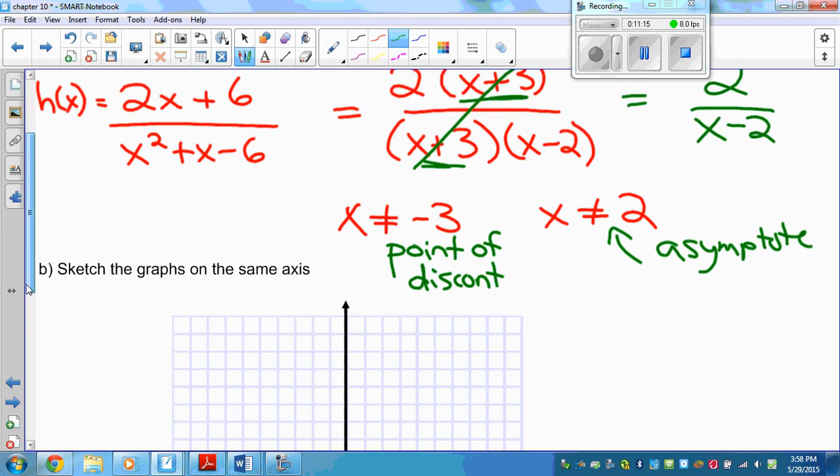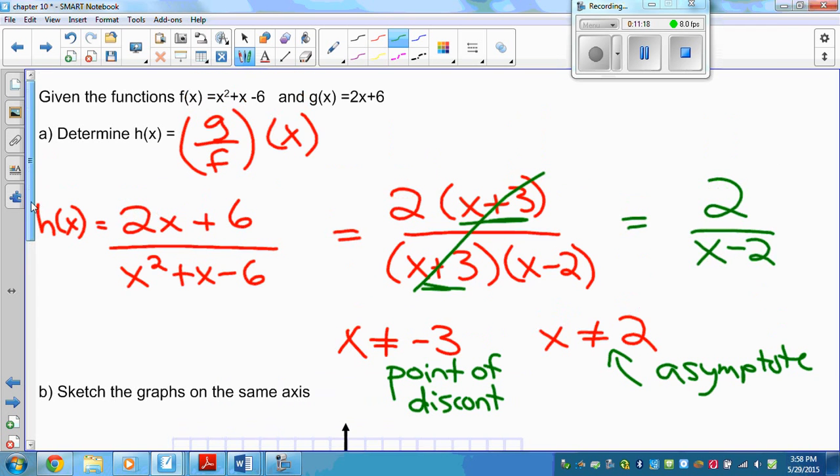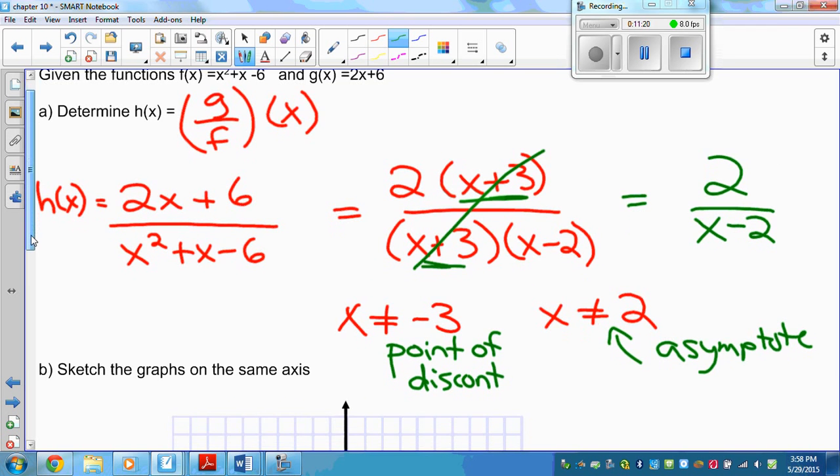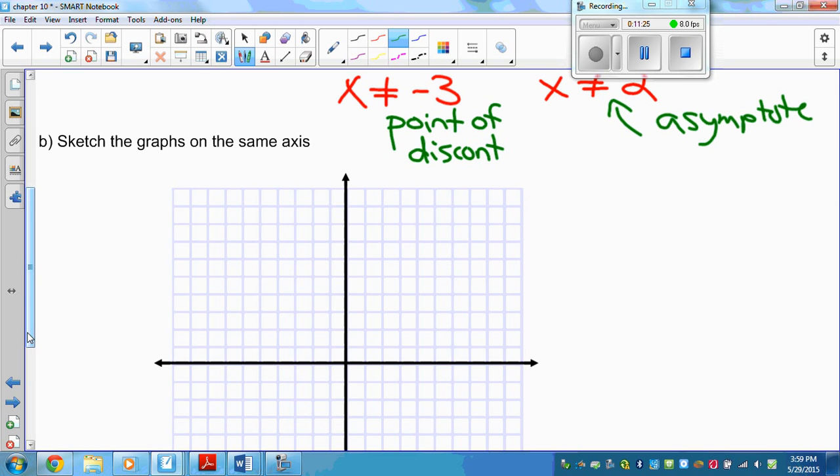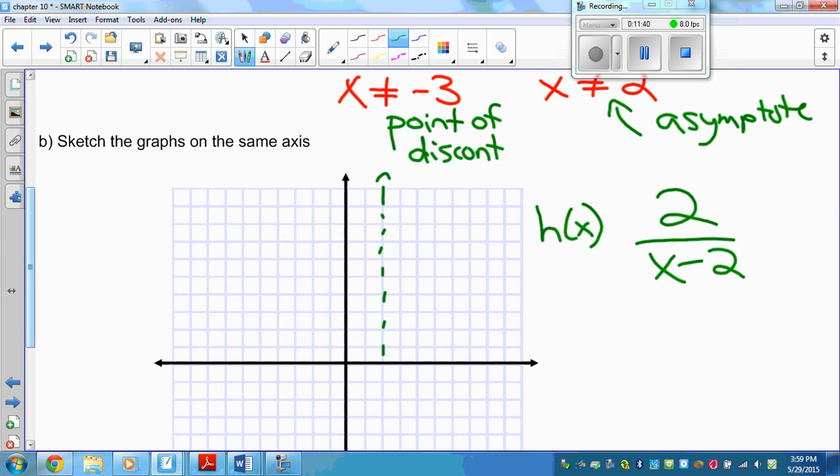Now I need to sketch all of these graphs on the same axes. I'm just going to do the quotient right here. So it's going to look like 2 over x minus 2. I already said that I have an asymptote at 2. Remember I said whenever we do rational functions, we always compare them to the graph of 1 over x.